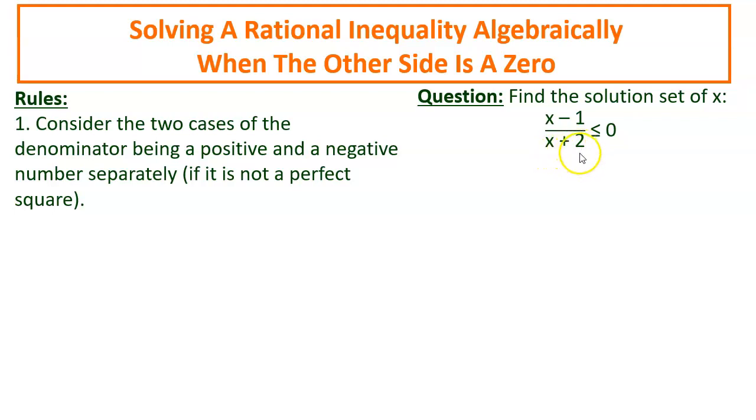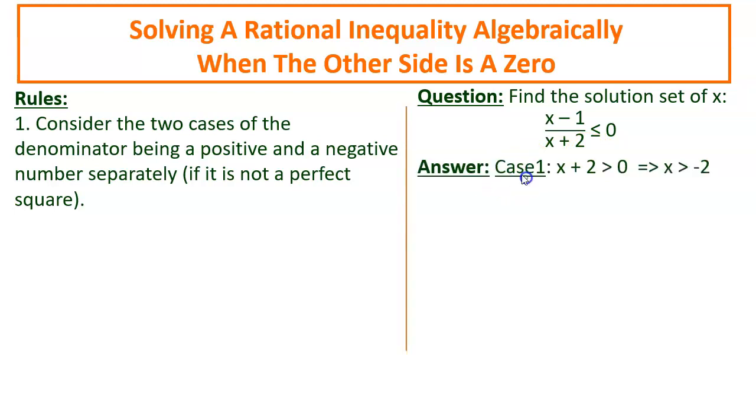Of course, there is the third possibility, but we cannot have a 0 in the denominator, so x plus 2 cannot be equal to 0. Therefore, we exclude this third possibility and take only two: x plus 2 is greater than 0 and x plus 2 is less than 0. Okay? So, let us take them one by one.